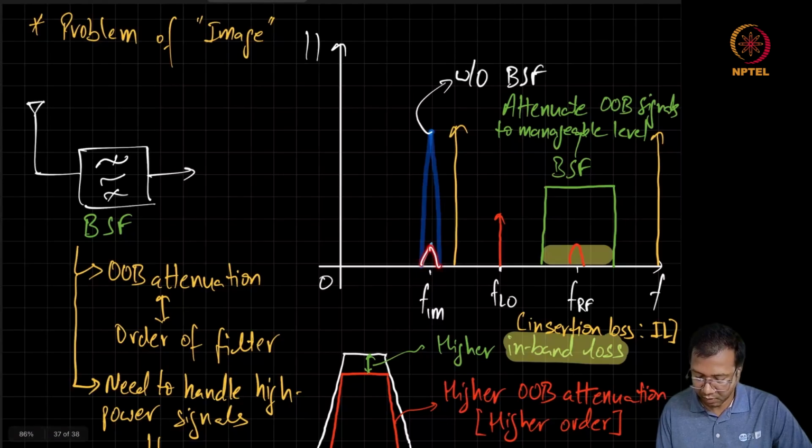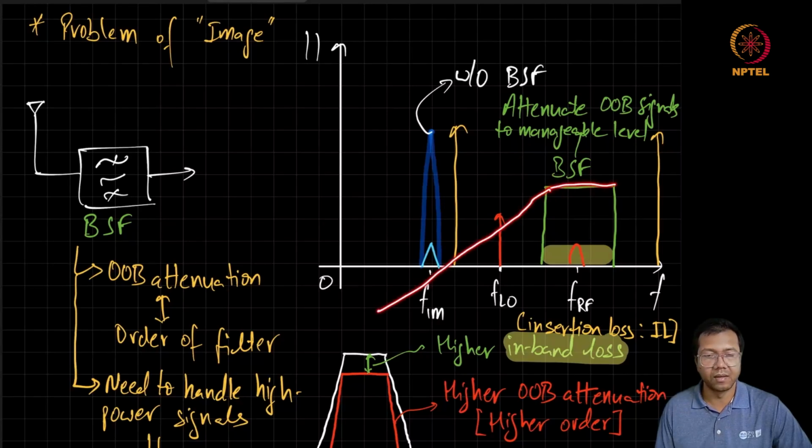Once we know these image signals cannot be completely nullified by the band select filter, because of this trade-off, we need to add another level of filtering, and this filter need not be as sharp as the band select filter, because we can see that the image signal is much farther from the signal band edge compared to the out of band signals.